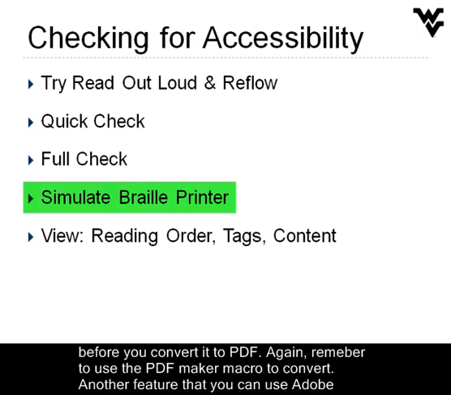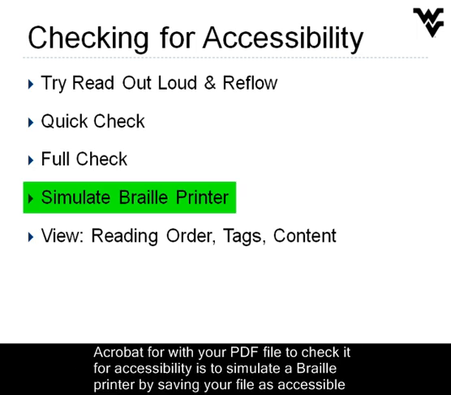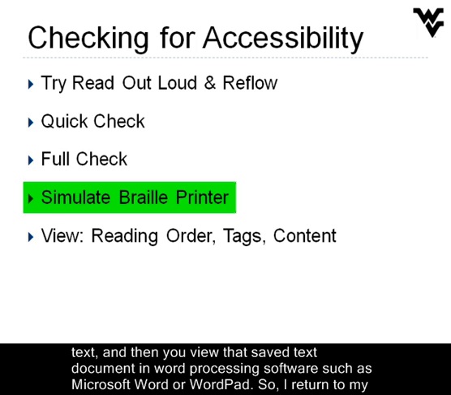Another feature that you can use Adobe Acrobat for with your PDF file to check it for accessibility is to simulate a Braille printer by saving your PDF file as accessible text. And then you view that saved text document in word processing software such as Microsoft Word or WordPad.